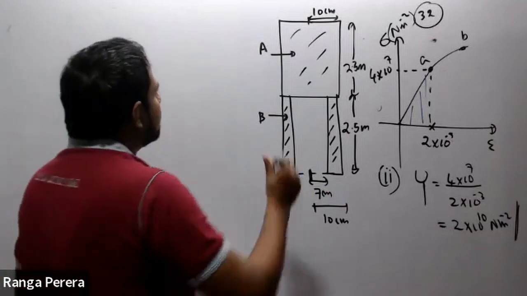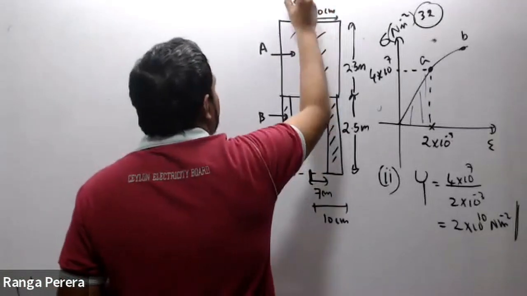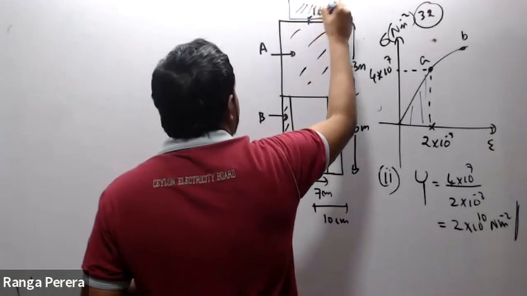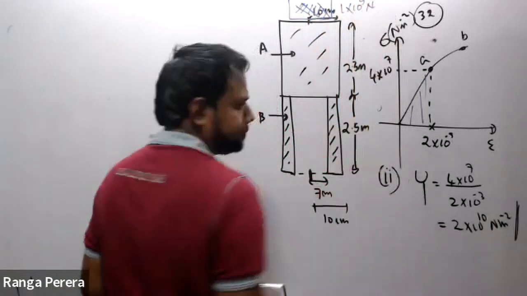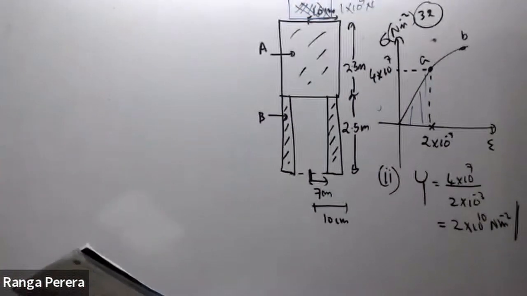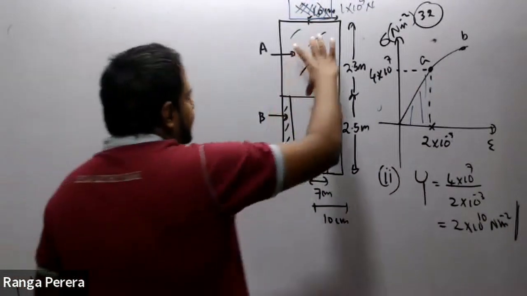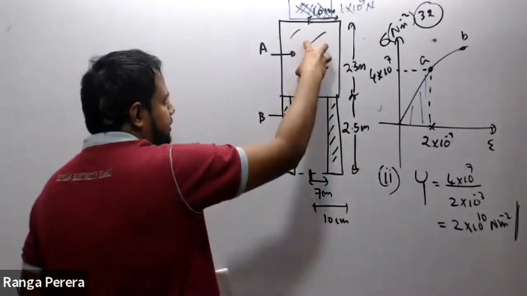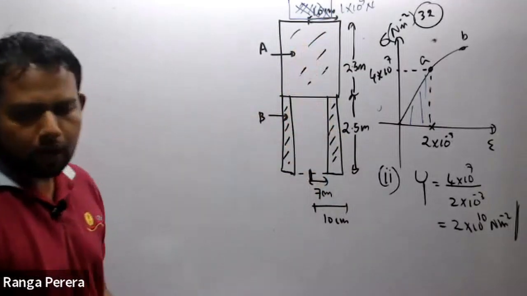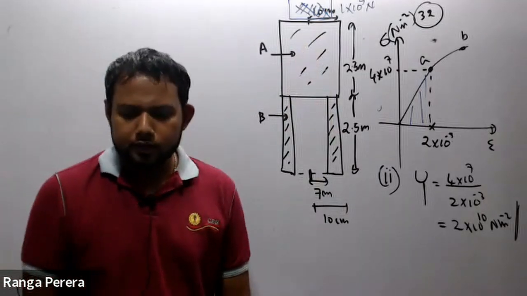Now you place a certain load, which is equal to 10 to the power 5 Newton. It is applied on this block and also that block, both blocks.